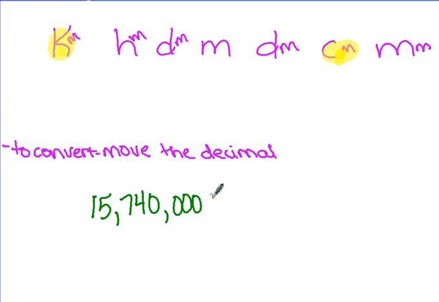15,740,000 centimeters squared, and I want to convert this to kilometers squared. Now, anytime we are converting in square units, we always are going to move the decimal twice as many places. Again, we're going centimeters to kilometers.